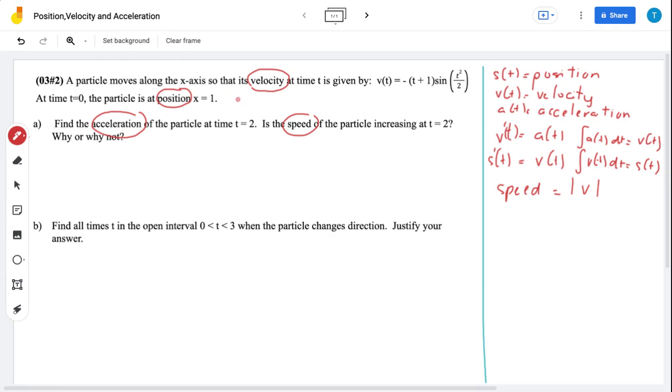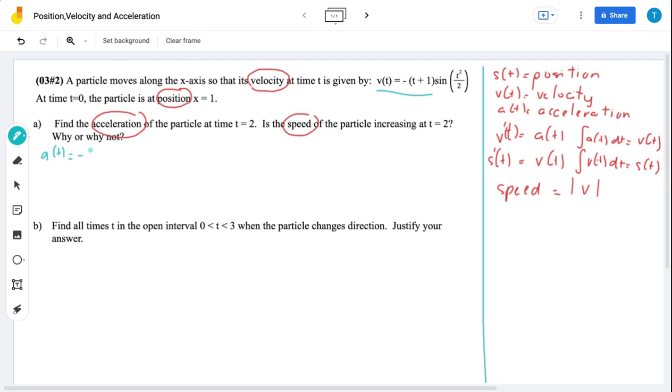All right, so for this problem, they give us the velocity function. Then they ask us to find acceleration. In order to find acceleration, if we know the velocity, we just take the derivative of velocity. So we have a(t) equal to the derivative of this. Over here, we use the product rule.